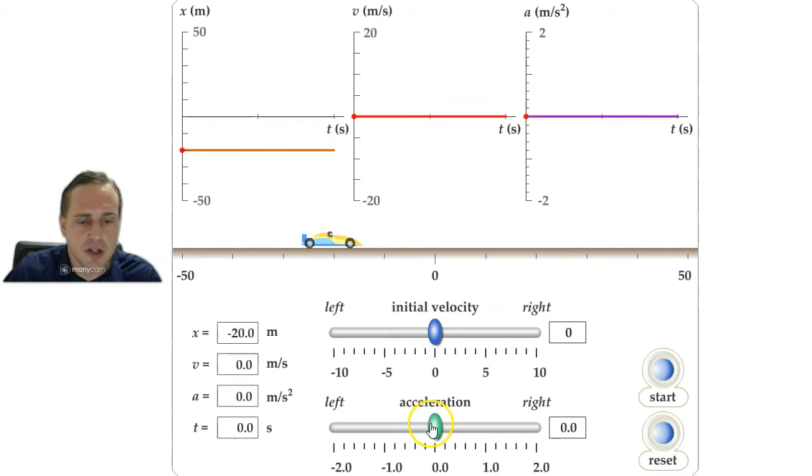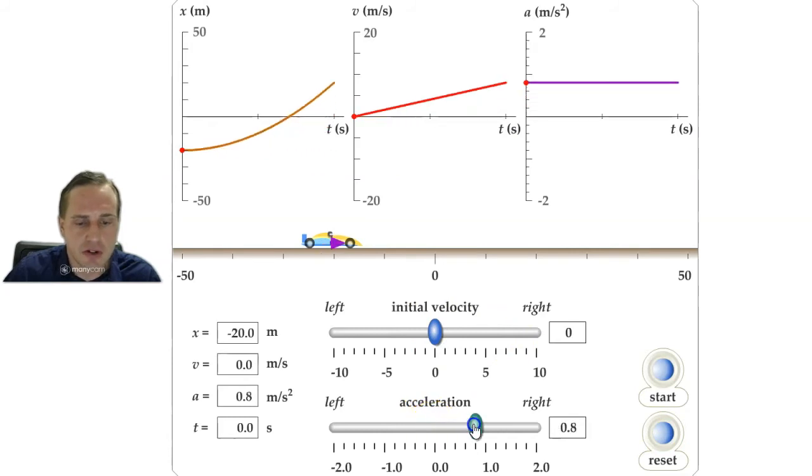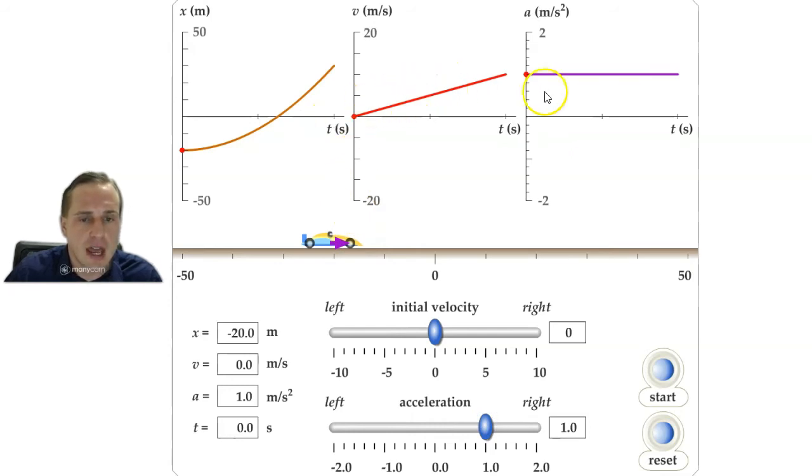Now let's do something a little more interesting. Let's give it zero initial velocity, but let's give it an acceleration of 1 meter per second squared. Notice that the acceleration is constant at 1 meter per second squared. The velocity is sloping up, 1 meter per second gained each second. And then look at the position. It's quadratic.